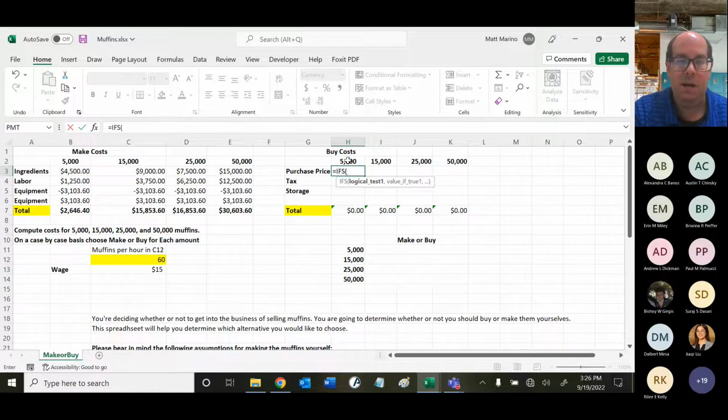So we have to check if we're buying more than 10,000 muffins. So you select H2, which is our number of muffins, less than 10,000.